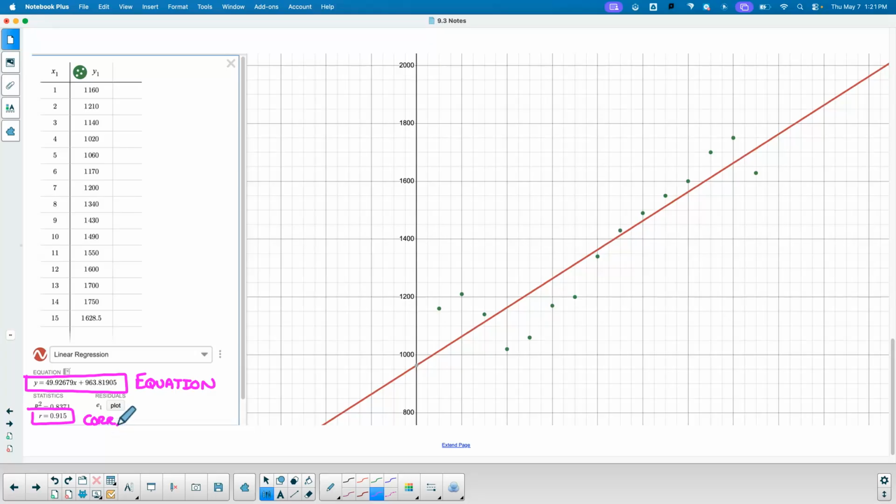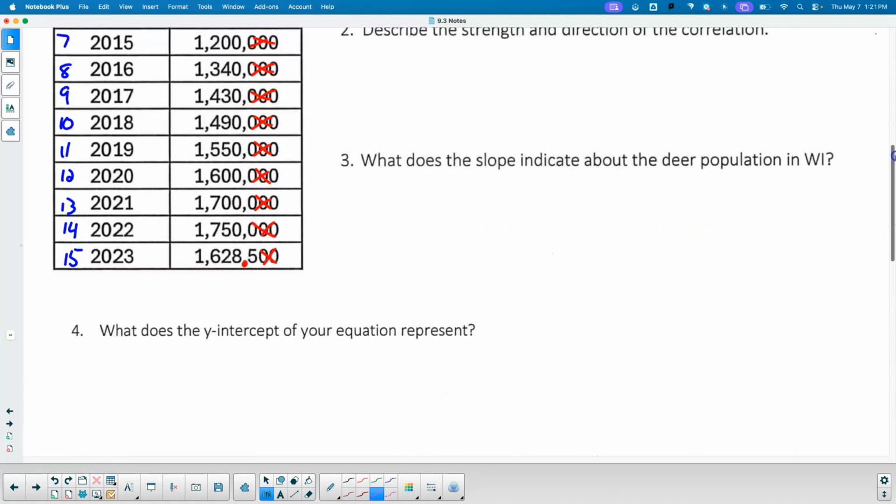Yes? Okay. All right, what's the next question? Question number 2 says, describe the strength and the direction of the correlation. Strong positive? Okay, I would concur that this would be a strong positive correlation, because we got a 0.91.